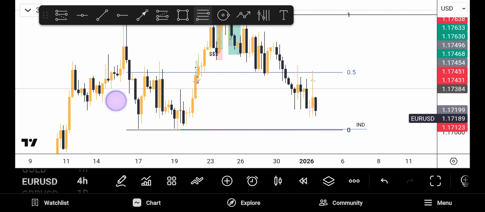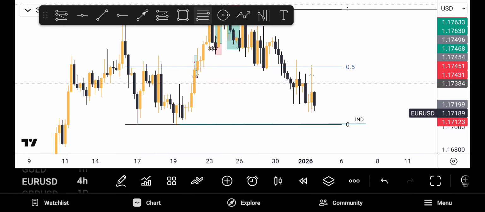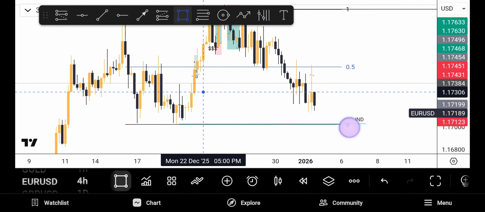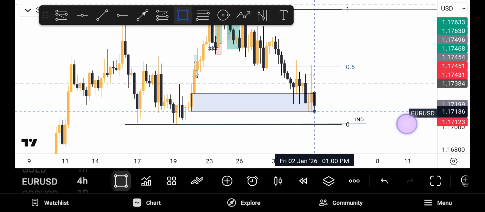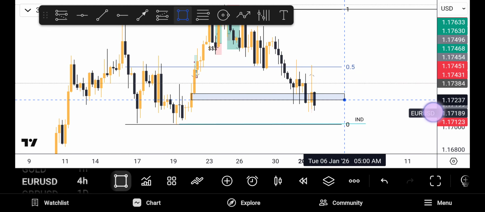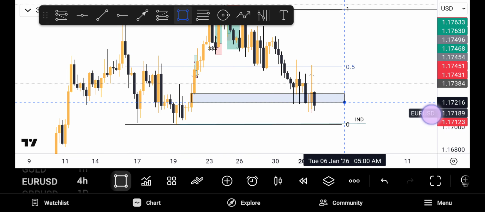You understand? So if we observe this place, we have a fair value gap here, which price can come back to fill.